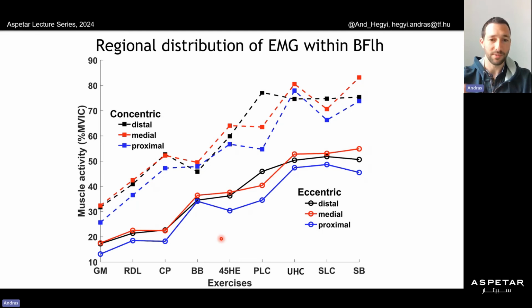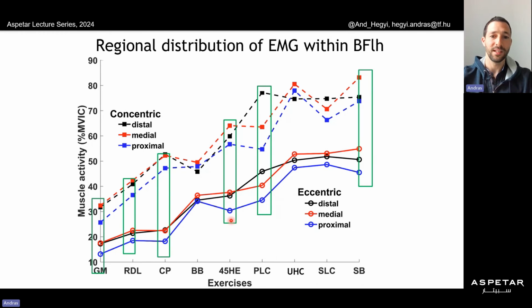It doesn't really matter which exercise is which at this point, because what I want to point out is that we had regional differences in most of these exercises, 6 out of 9 exercises. And for most of these, we had the lowest activation in the proximal region of the muscle. And if you remember, this is where most hamstring injuries occur, in the proximal region.